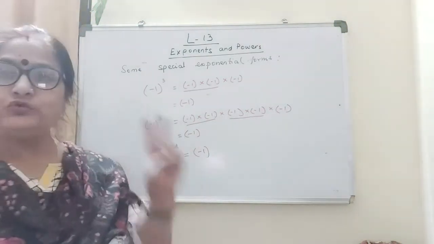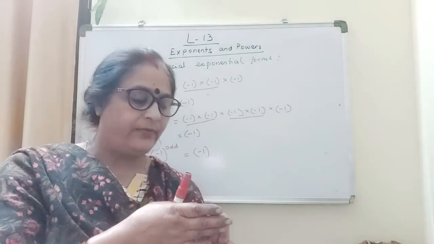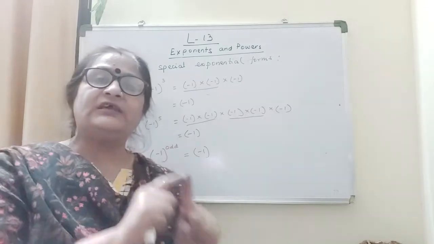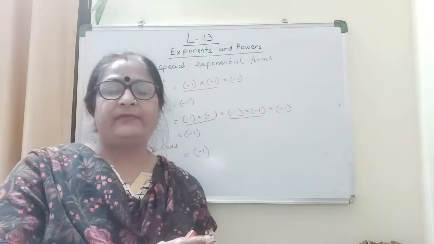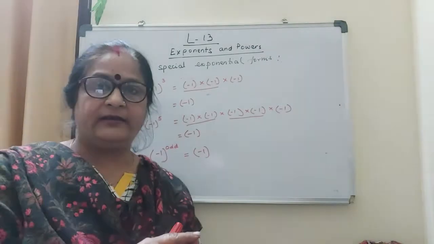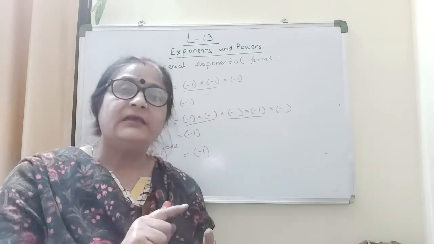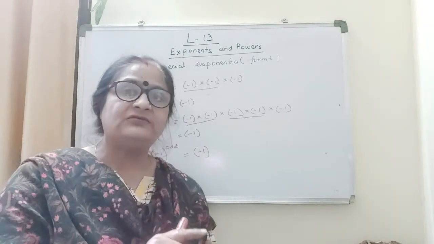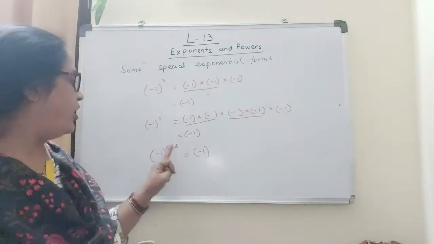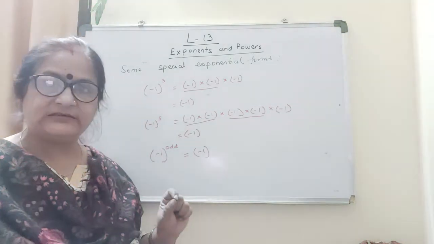So these are two very important points, three examples you should remember. If just a positive 1 is raised to any power, the answer is 1. If negative 1 is raised to an odd positive power, the answer will be negative 1.